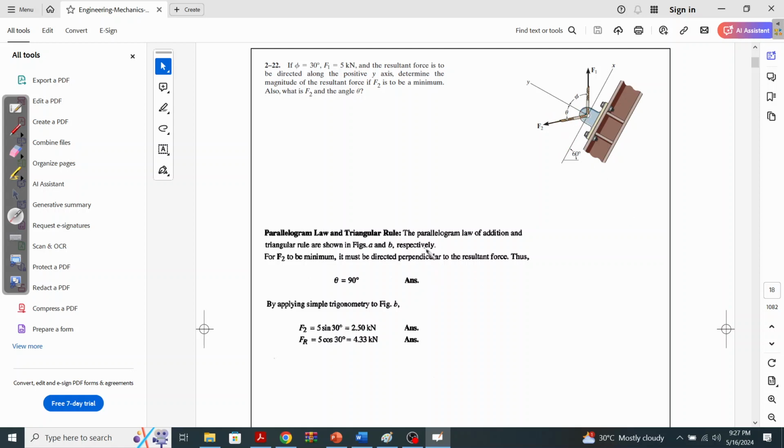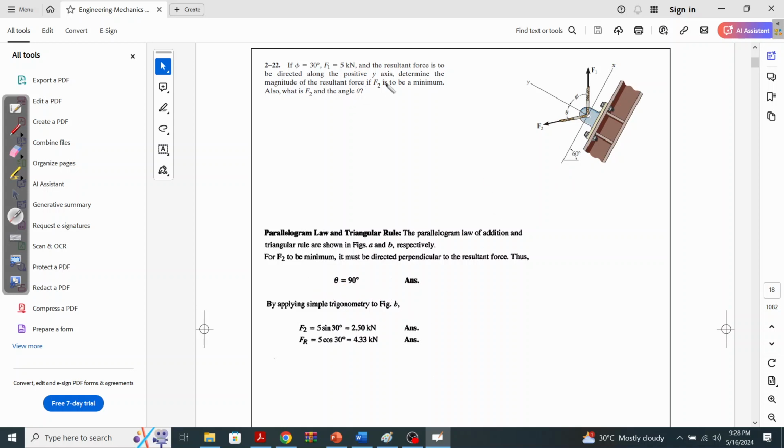When it makes 90 degrees, the magnitude will be less, and along y it will also be lesser than the hypotenuse. So for F2 to be minimum, it must be directed perpendicular to the resultant force, which is along y. So theta is coming 90. Half the problem is solved.